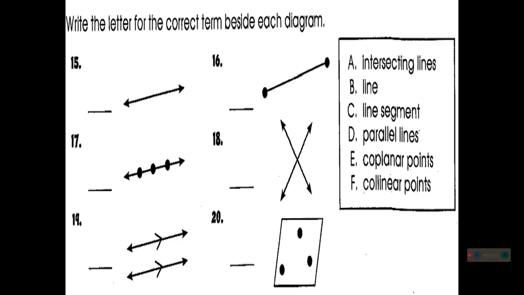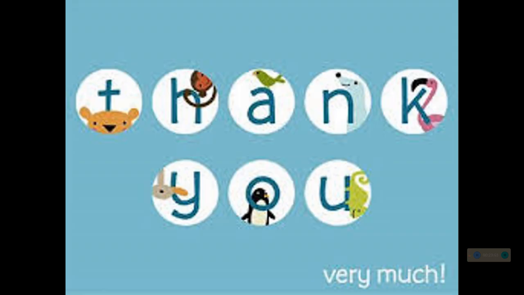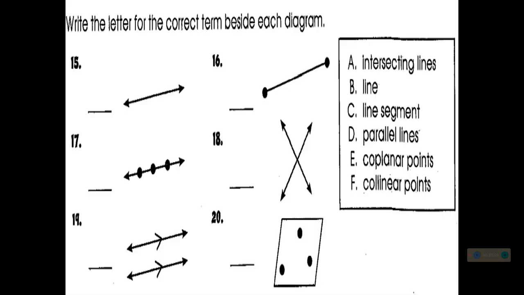Write the letter for the correct term beside each diagram. I have already reviewed you, or recalled you, earlier. So number 15 is, correct, a line. How about number 16 on the right side? This is letter C, segment.